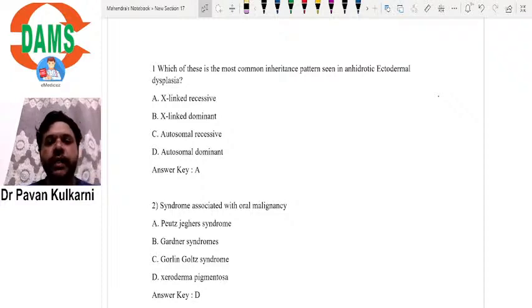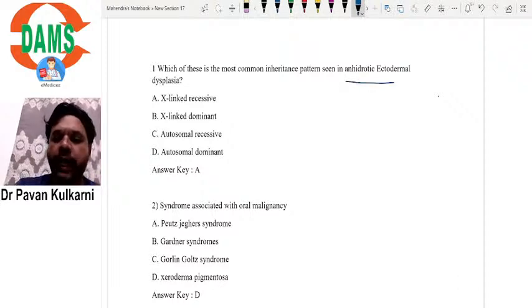The first question here says, which of these is the most common inheritance pattern seen in anhydrotic ectodermal dysplasia? So to clarify this first, what is anhydrotic ectodermal dysplasia?